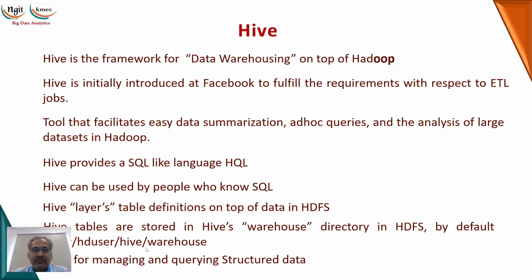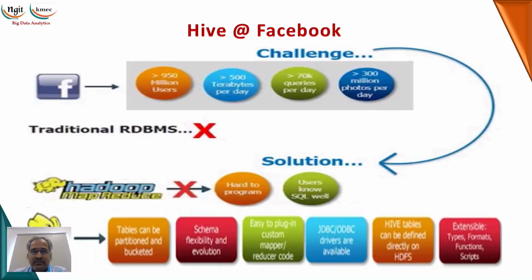In our old cluster we had the user HD user, Hive warehouse, but in our current setup, user Hive warehouse is the default path which stores the Hive data. And it is used for managing and querying structured data. Structured data can be queried easily.